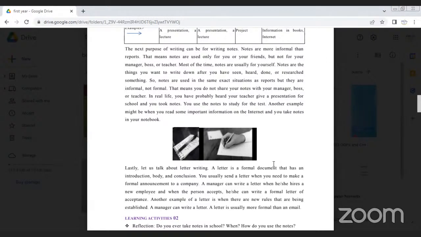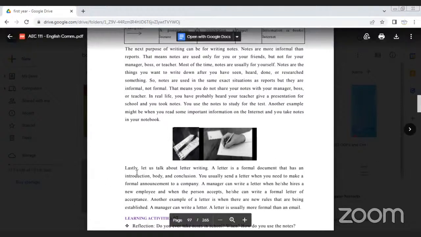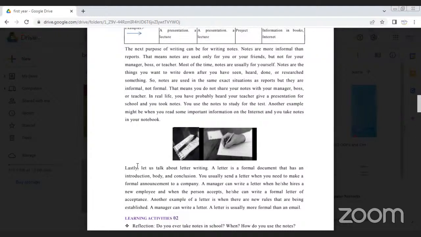Notes are the things you want to write down after you have seen, heard, done, or researched something. So notes are used in the same situations as reports, but they are informal, not formal. You do not share your notes with your manager, boss, or teacher.